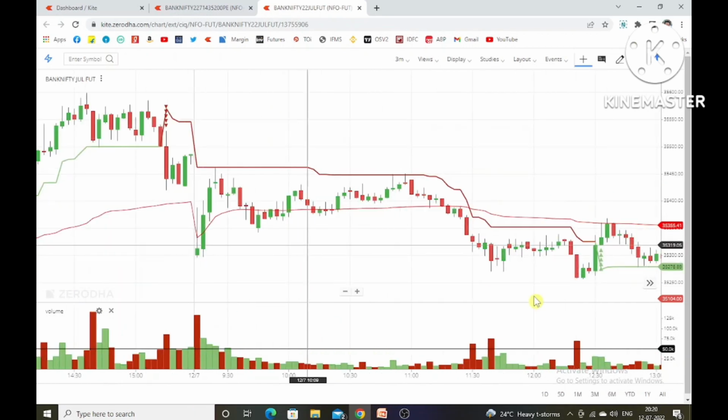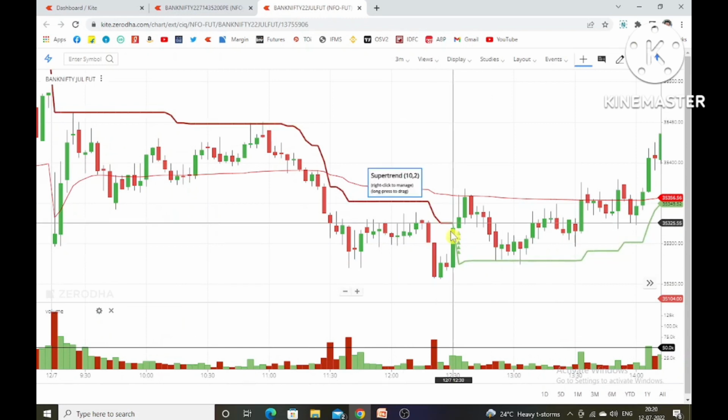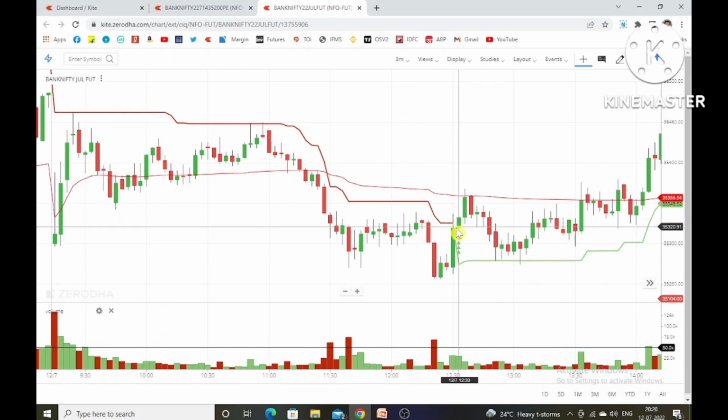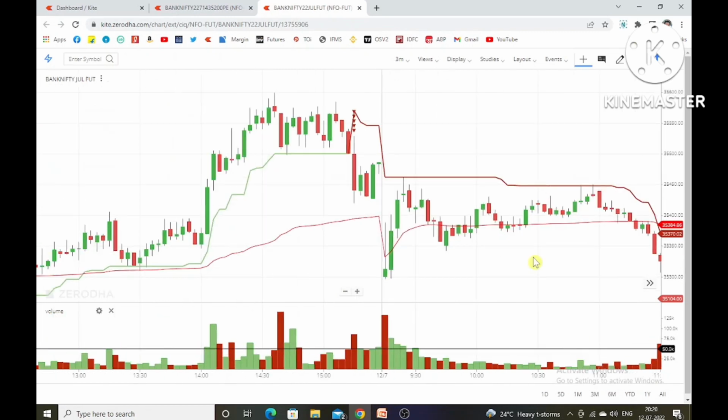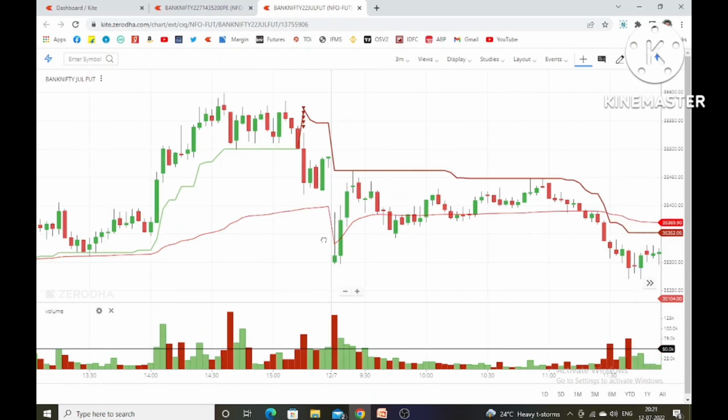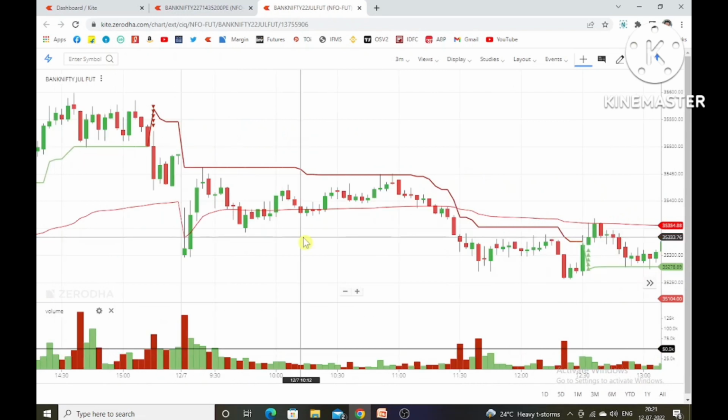And for put option entry, when a candle closes above super trend like that, you have to close your position. Or if you are a big player, you can wait up to here, but I will not recommend that. So when price closes below super trend for a call option, please exit your position, and when price closes above super trend for a put option, please close your position.